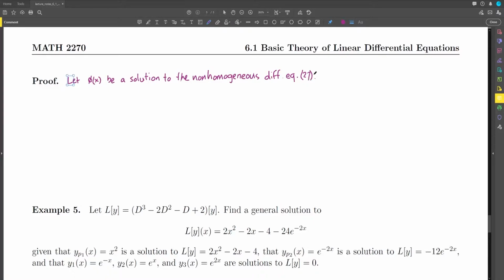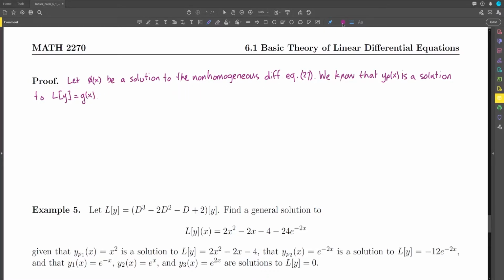Now, we know that yp of x is a solution to this non-homogeneous differential equation. So I'm going to rewrite that in operator notation. L of y equals g of x.